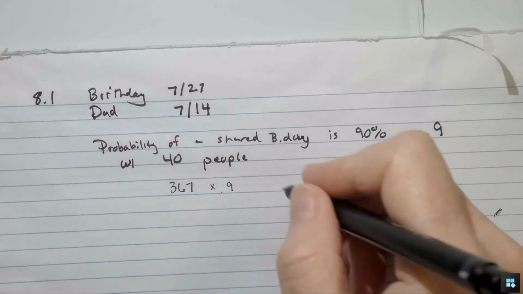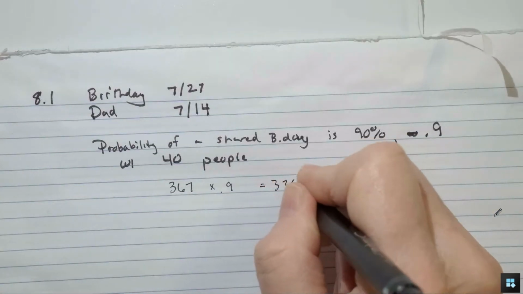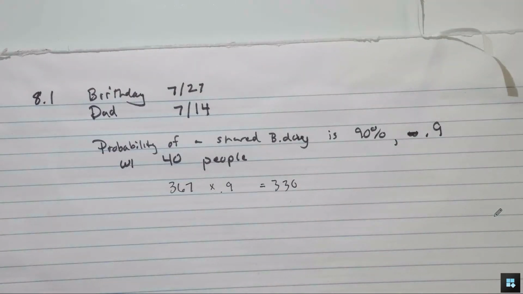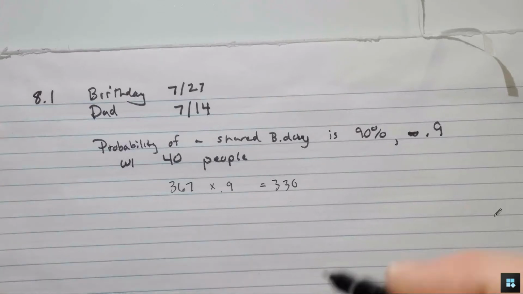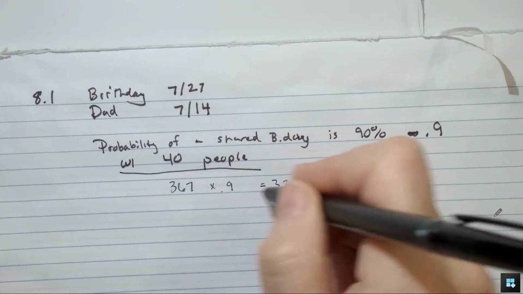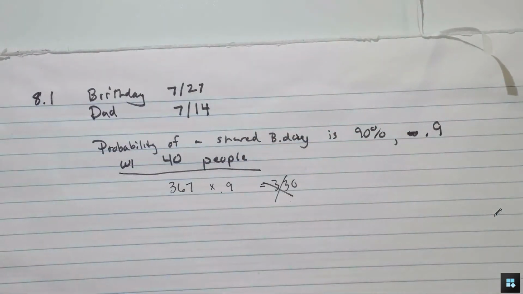Did anybody put around 330 people that they thought? Because that is what I would think if I had not looked at this myself. But it turns out that it's actually 40 people in the room, not 330. So we're going to look at that closely in 8.2 and see why that is.